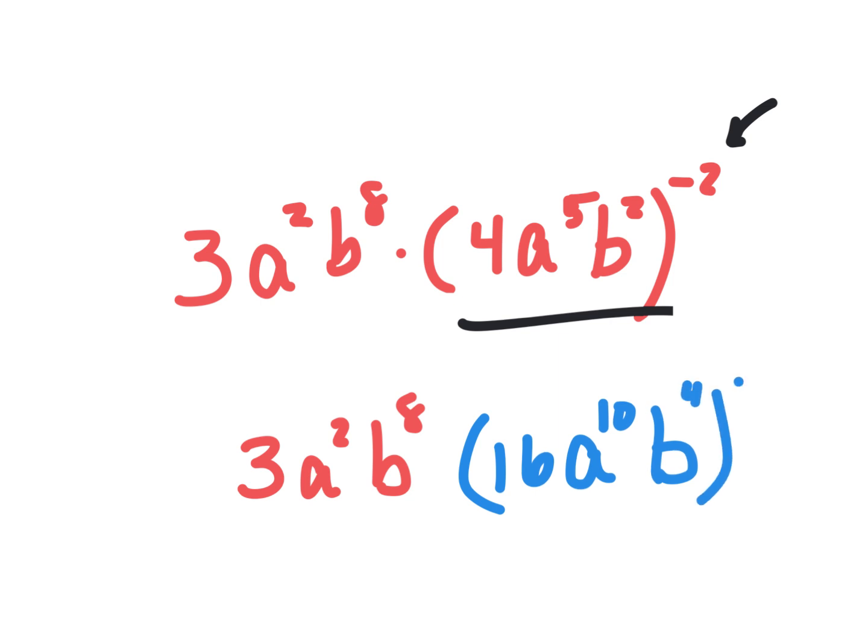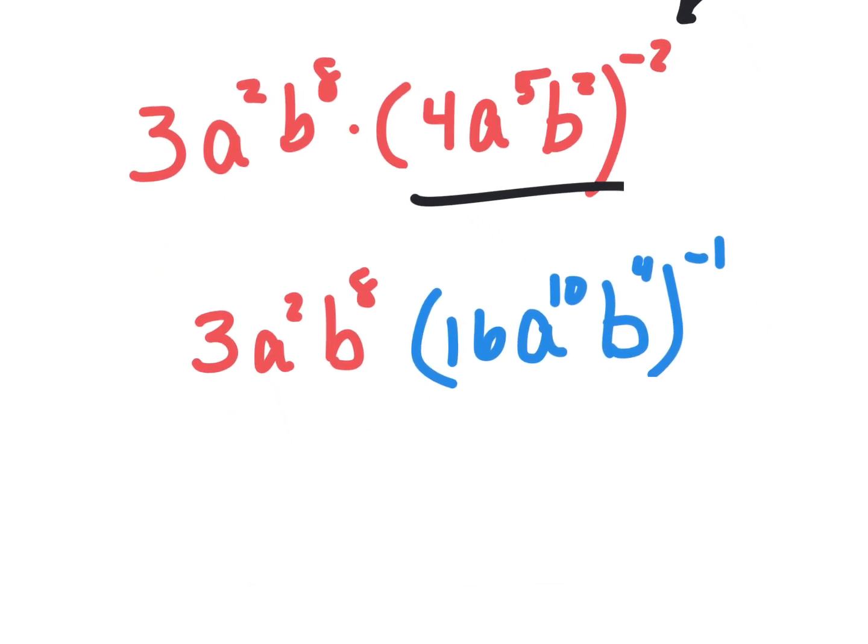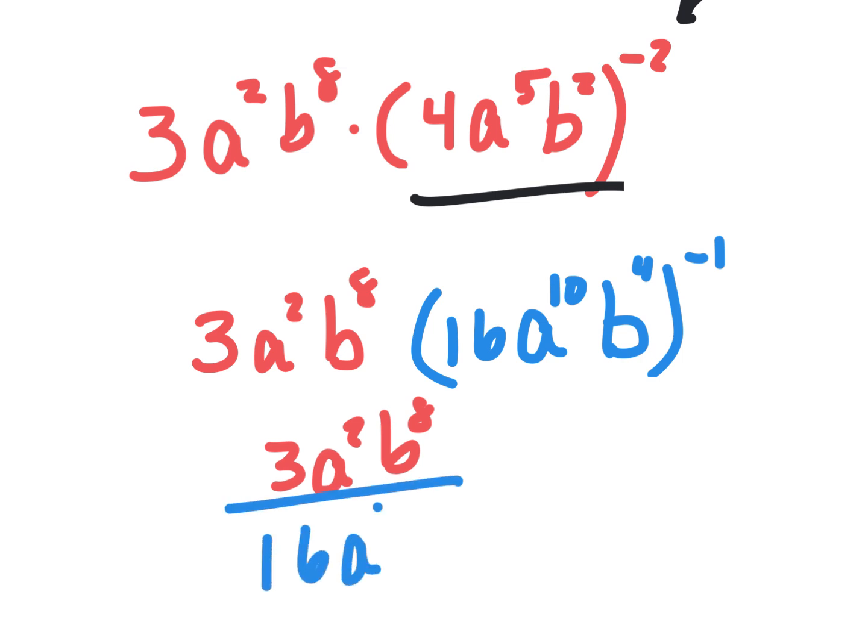But I haven't done the negative power yet. I better call it a -1 because just a negative doesn't mean anything up there. And that means all that stuff needs to go in the denominator. So I'm going to leave this red. And now all the blue stuff's going to go down here in the denominator. And it was to the -1 to just tell me, hey, I'm not happy up here. So it goes down to the bottom, and now it's happy.